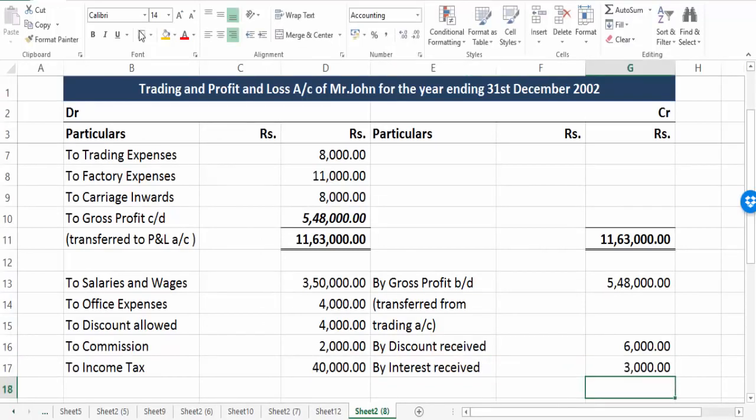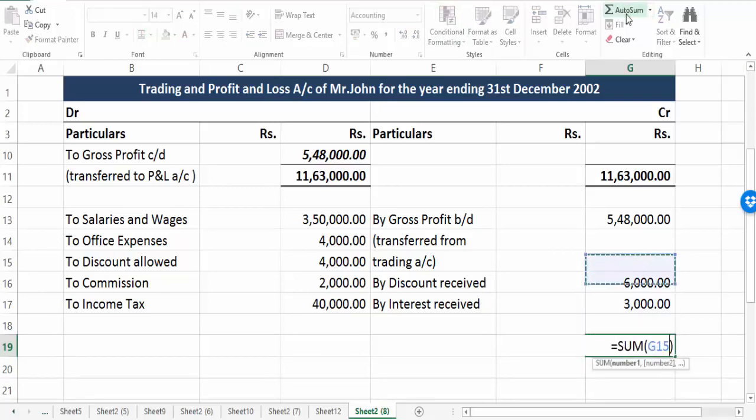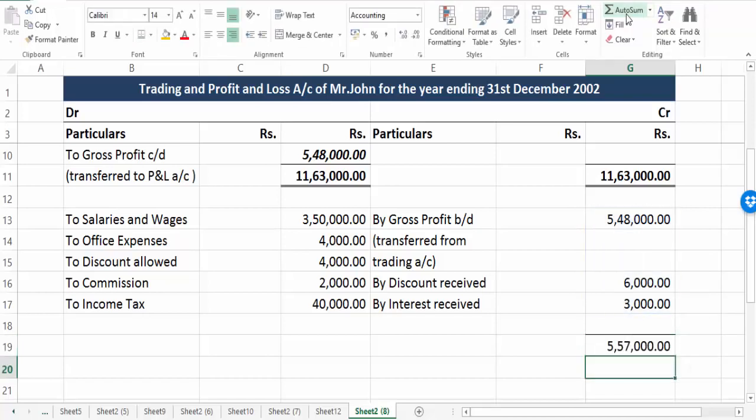So now it's time for us to find out the total and net profit. So let's do the totaling. We'll see which side we have higher total. On credit side we have 5,57,000. On debit side we have 4 lakh. So we have to follow credit.